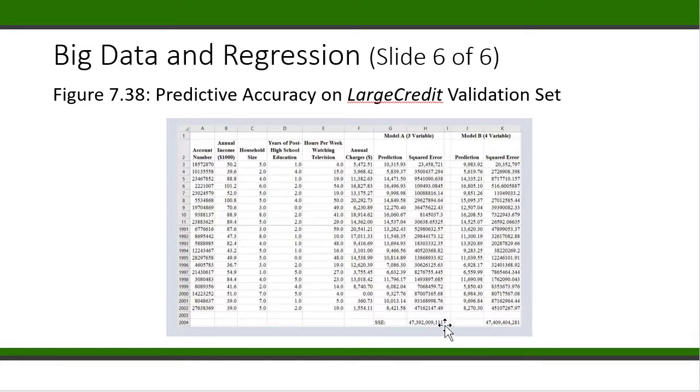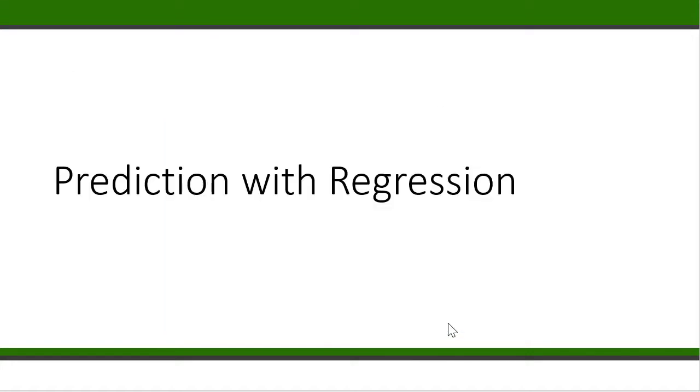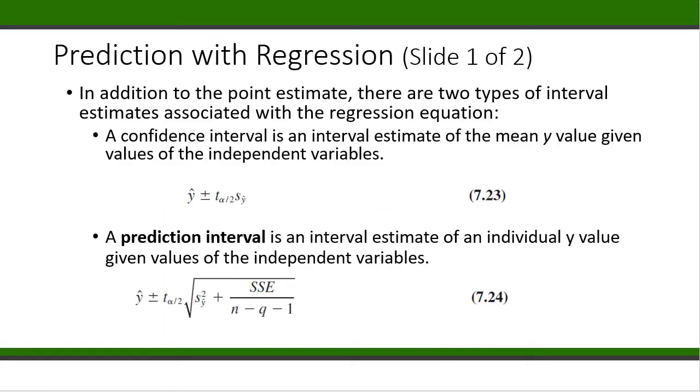The last part deals with prediction and regression. Something else you probably need to be aware of is there are 2 types of interval estimates that you can have with regression equations. We have a confidence interval, and it's an interval estimate of the mean y value given values of the independent variable.